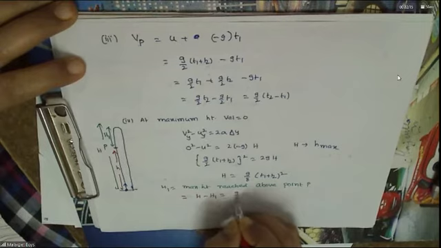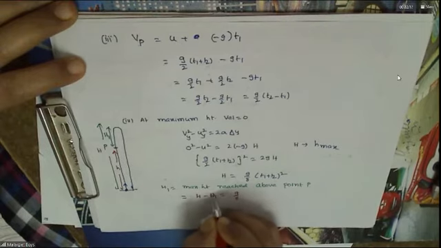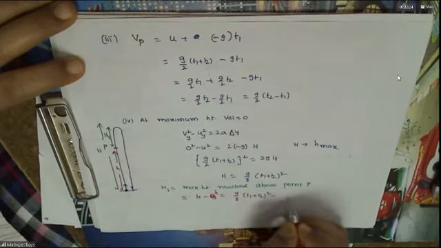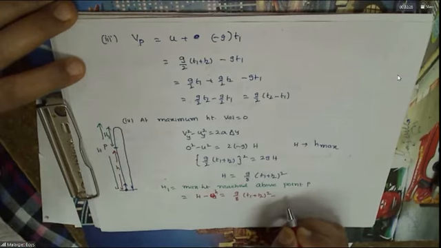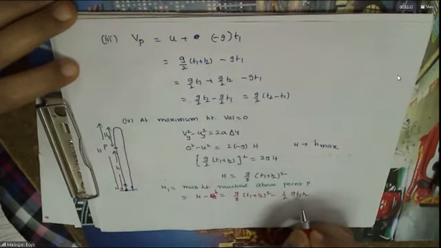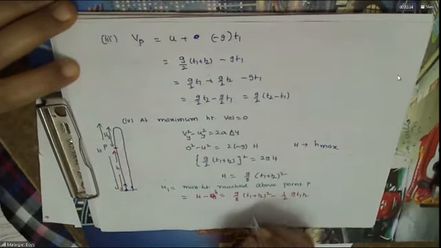H minus small h1 is g by 8 into (T1 plus T2) whole square. What is small h1? Already you got this one: g by 2 of T1 T2, that is u. Agreed? Yes, sir.